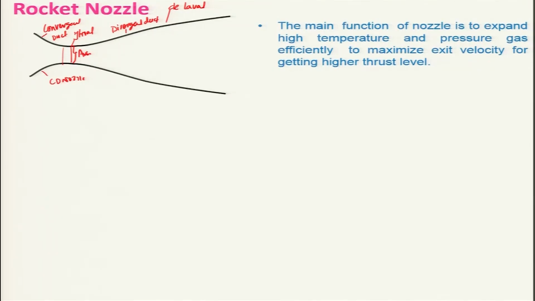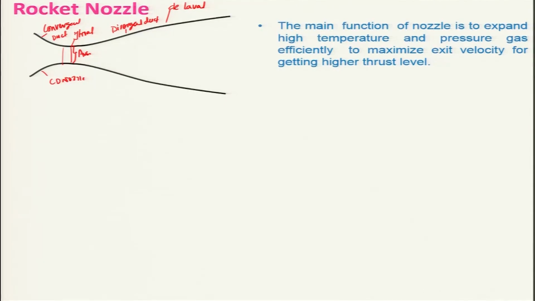However, today it is used very much for expanding the hot gas in a rocket nozzle and even sometimes in aircraft engines and wind tunnels, particularly supersonic wind tunnels, and several other places.